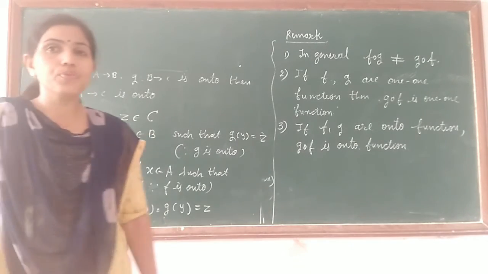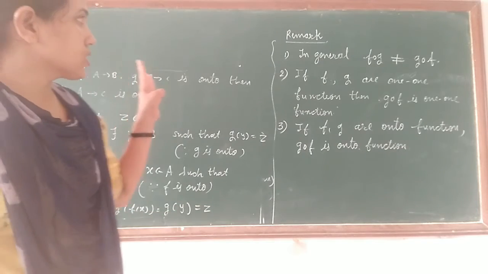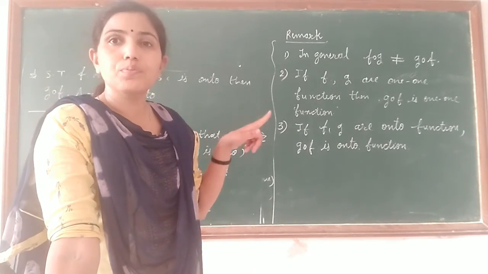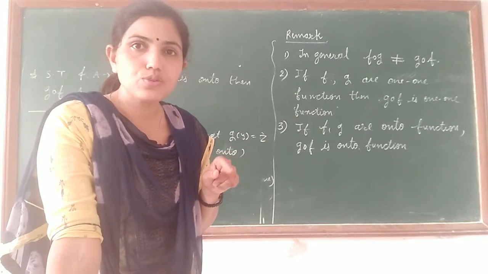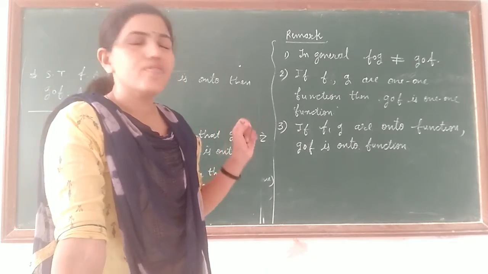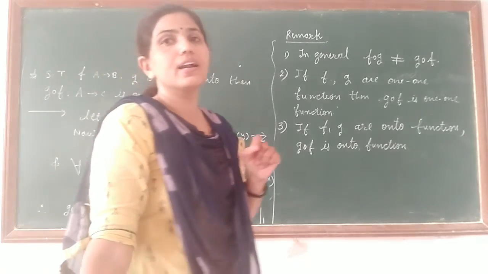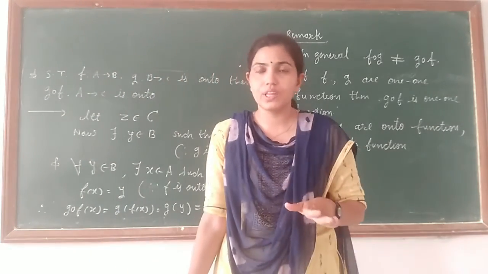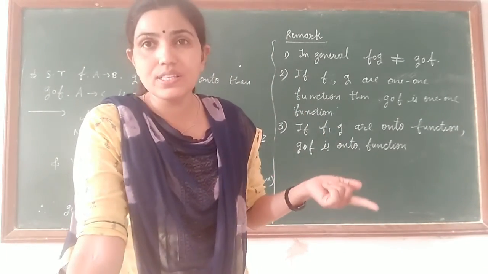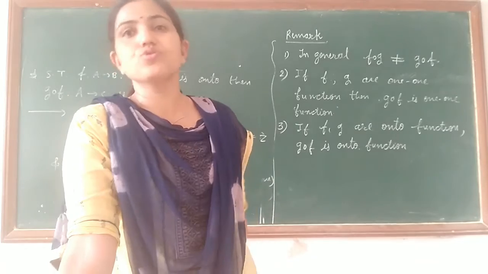So three things we have seen today. First, f composed of g is not equal to g composed of f. Second, if f and g are 1-1, then their composition must be 1-1. If f and g are onto, then their composition must be onto.